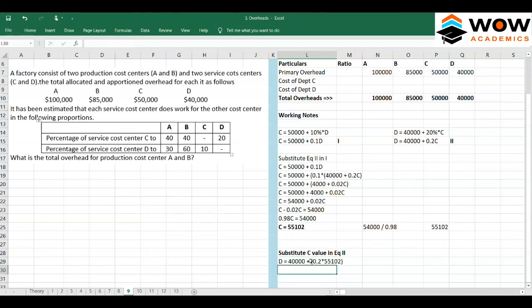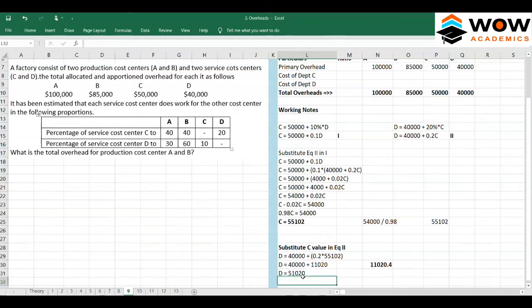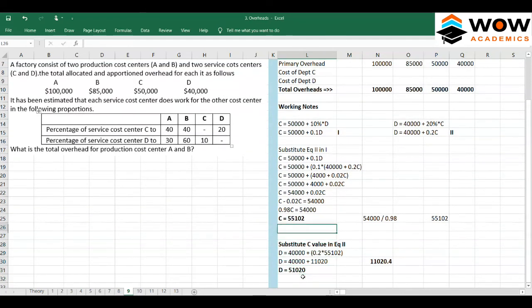So the D value would become 51,020. So both values we fully know.